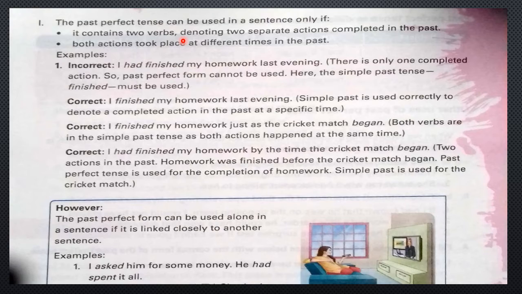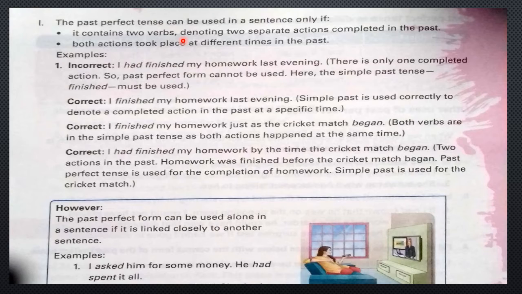Both verbs are in the simple past tense, as both actions happened at the same time. So when actions happen at the same time, you cannot use past perfect for one and simple past for the other. So at the same time, if two actions take place, both will take simple past tense.